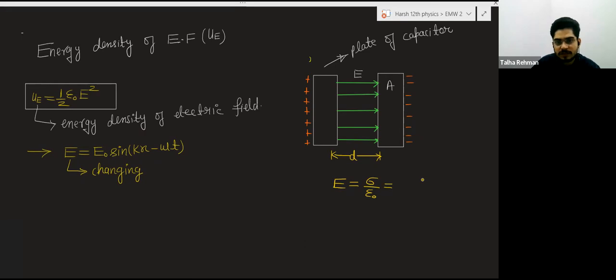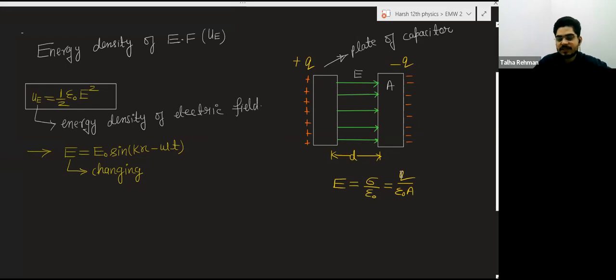Suppose Q is the charge on the plates of the capacitor. Here is plus Q, here is minus Q. So you can write charge divided by epsilon naught into area, since charge by area is sigma. So the electric field in between the plates of the capacitor is Q by epsilon naught A.